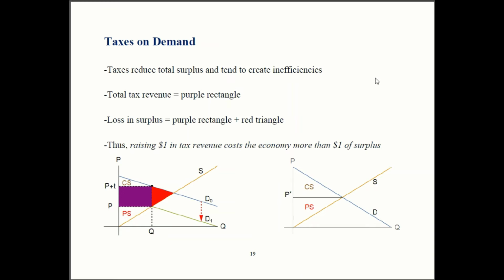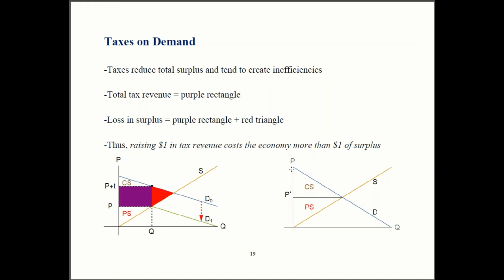What this means for welfare is that total surplus is going to go down. That's going to create an inefficiency, by which I mean that total surplus is now no longer being maximized. On the right over here, we see a market that has no tax in it.